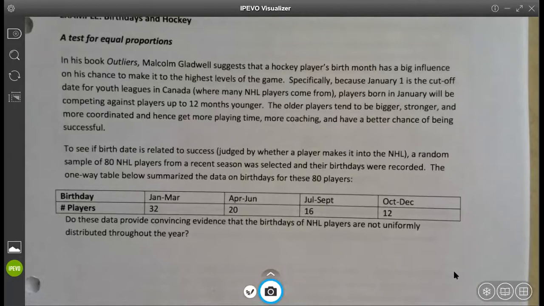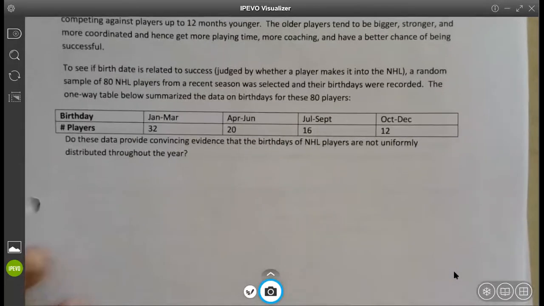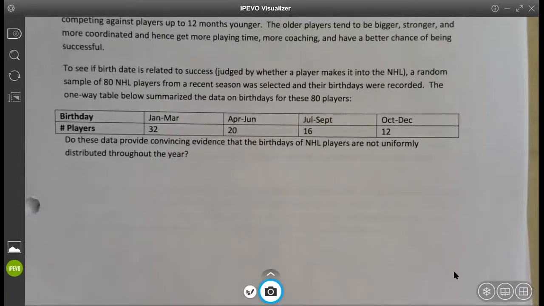To see if the birth date is related to success, judged by whether a player makes it to the NHL, a random sample of 80 NHL players from a recent season was selected and their birthdays were recorded. The one-way table below summarizes the data on the birthdays for these 80 players. Do these data provide convincing evidence that the birthdays of NHL players are not uniformly distributed throughout the year?